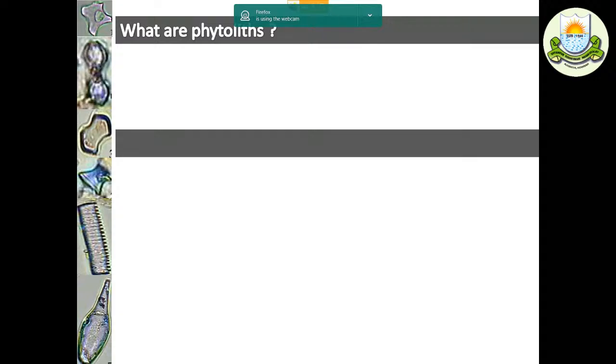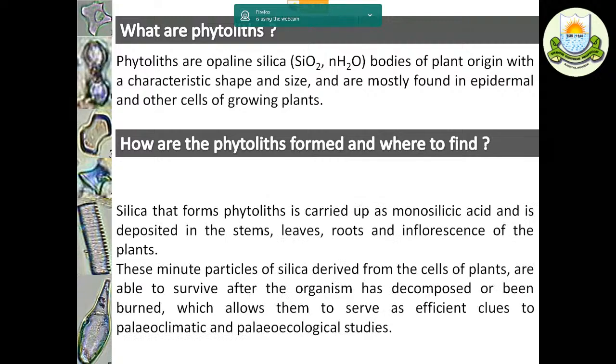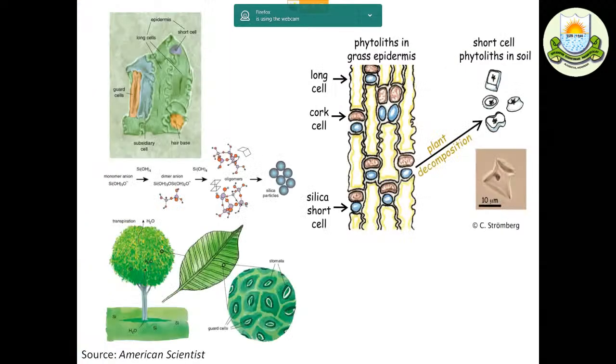Now, just a brief idea about what phytoliths exactly are and where to find them. Phytoliths are made up of silica, as I said earlier, and are practically plant opals, amorphous silica with H2O in them. How are they formed within plants?